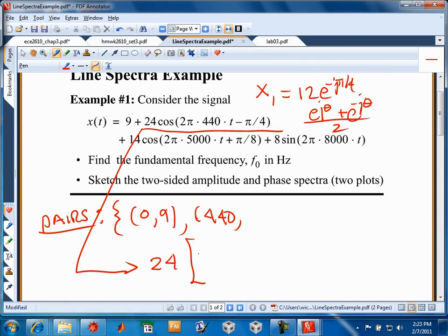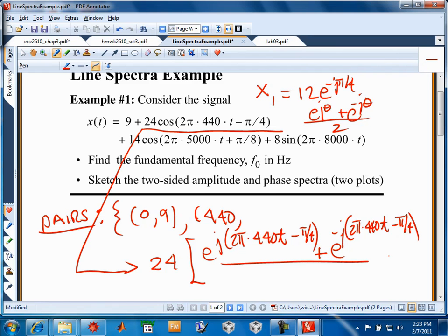So if I would do that for this term, I would have e to the j 2 pi times 440t minus pi over 4, and then I would repeat that over here with the minus sign out in front, divided by 2 everywhere, right?